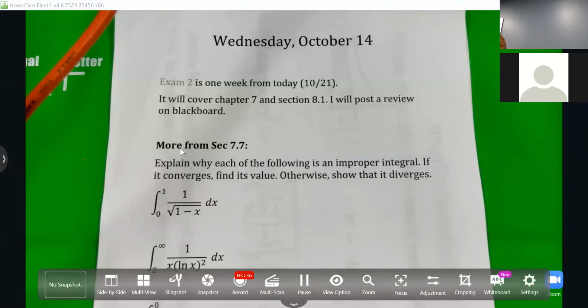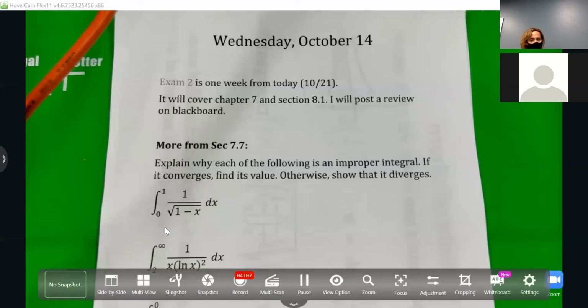So my first example is the integral from 0 to 1 of 1 over the square root of 1 minus x. Looks like a very harmless integral, but I say it's an improper integral, and you need to tell me why. That's right.